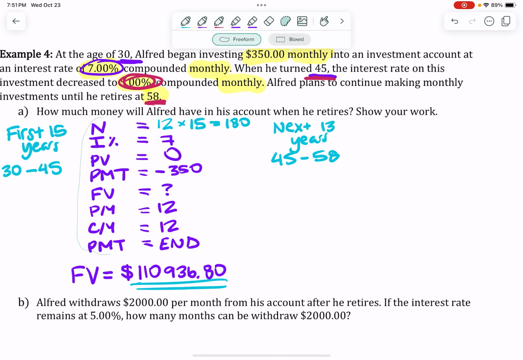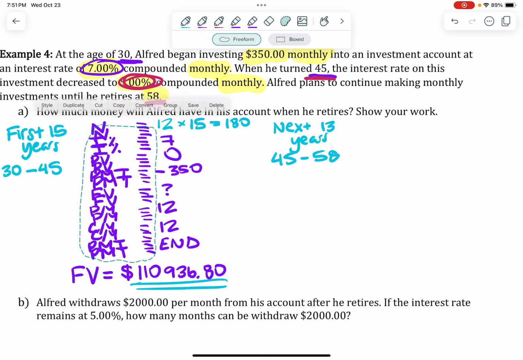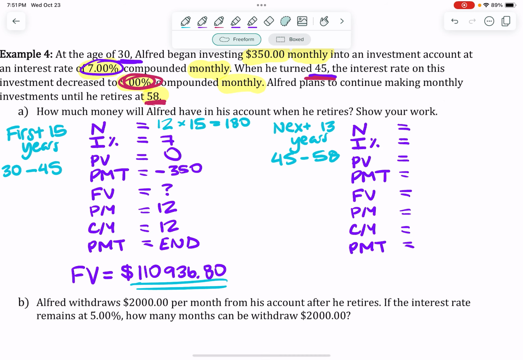Now, I'm going to do the same thing. I still have to do a TVM. Okay, and when I do that, my interest rate is now 5%. Yep, 5%. And it's compounded monthly. But this is where this question's a little bit special.